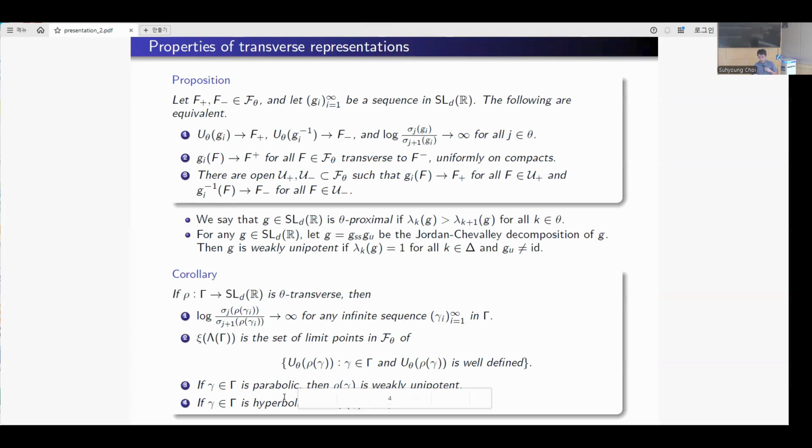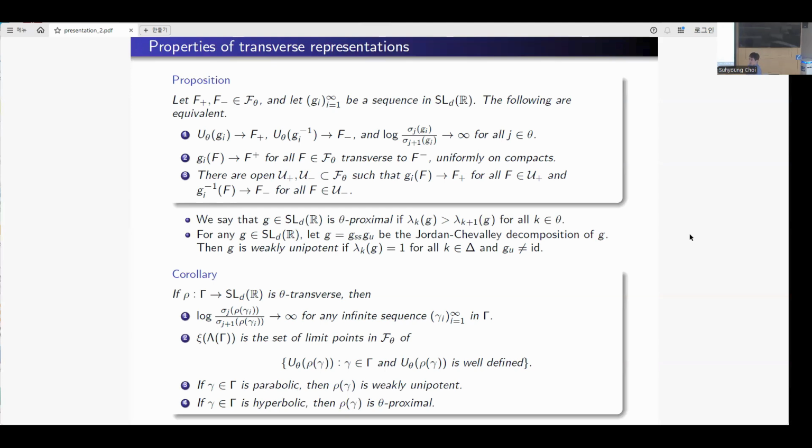In the case when it's hyperbolic, then the F plus and F minus are distinct points, and when they are distinct, they have to be transverse. So that basically follows from that kind of observation. These are maybe the first properties of these data transverse representations that we can get. Any questions about this?